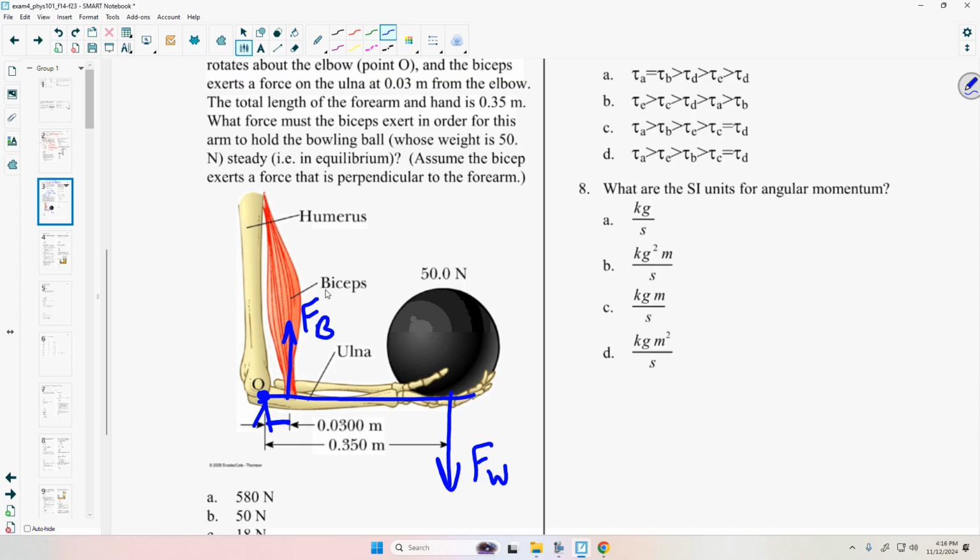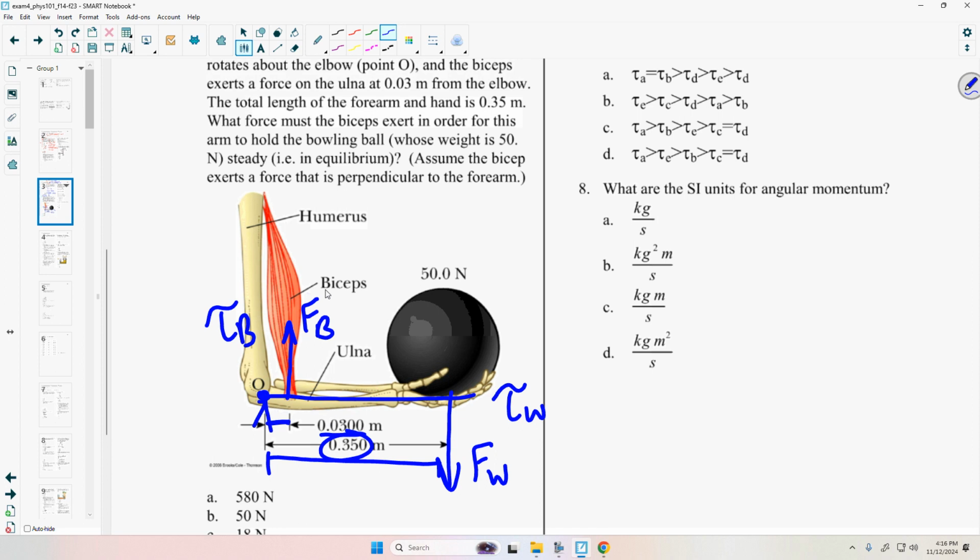This distance is 0.03 meters, and then this distance right here is the 0.35 meters. So whatever torque is caused by the bicep should be balanced by the weight of the bowling ball.